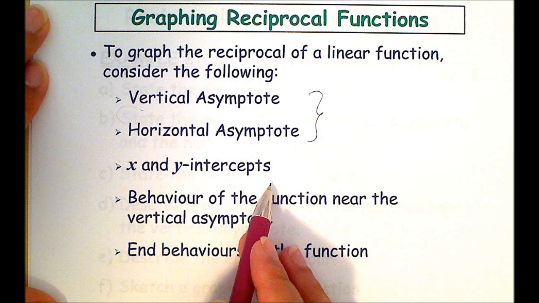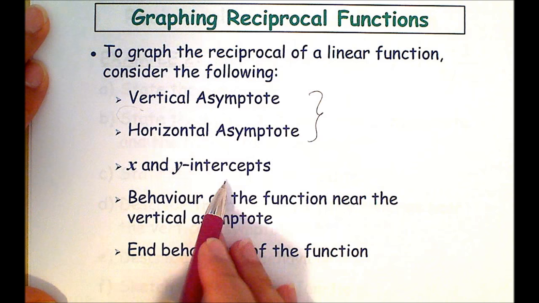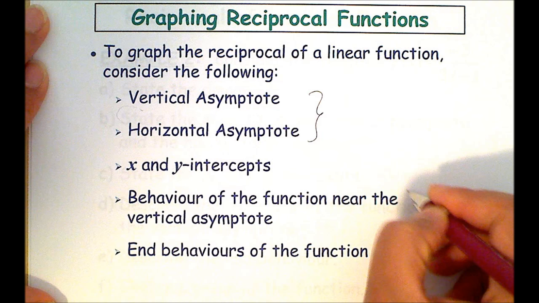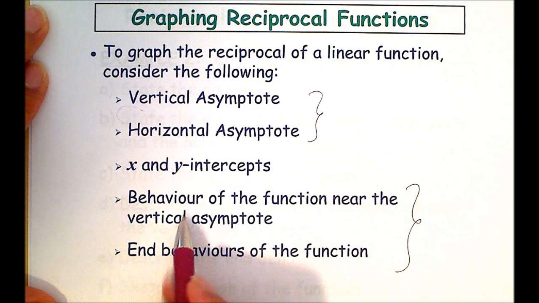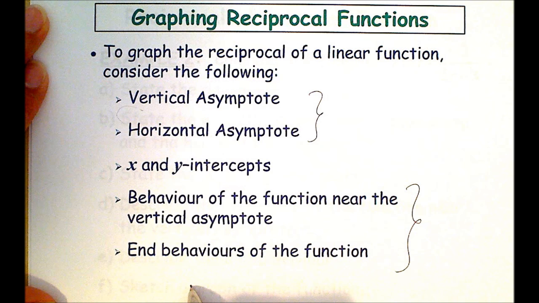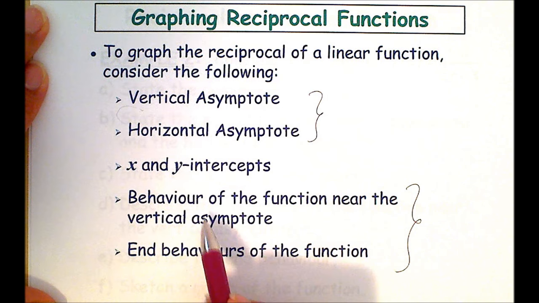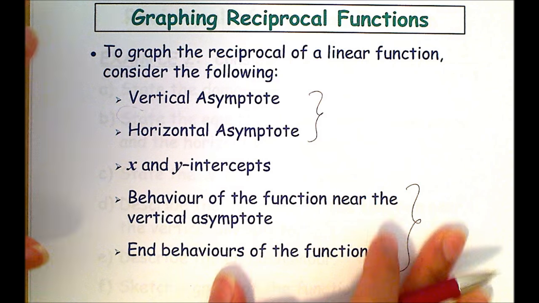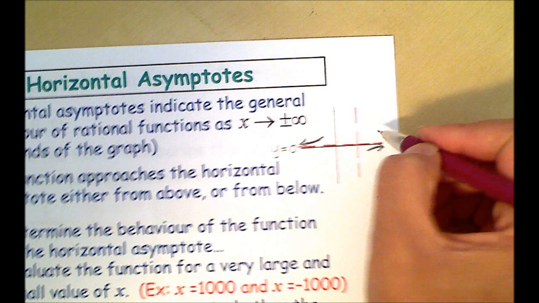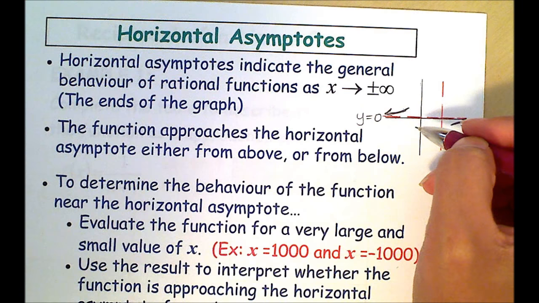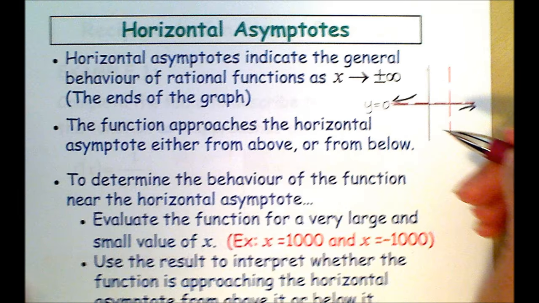What these two help us figure out is, when you are looking at a vertical asymptote, whether the function is increasing towards positive infinity or decreasing towards negative infinity. For example, if I'm trying to see the behavior to the left of the vertical asymptote, I want to know if it's approaching positive infinity or negative infinity.